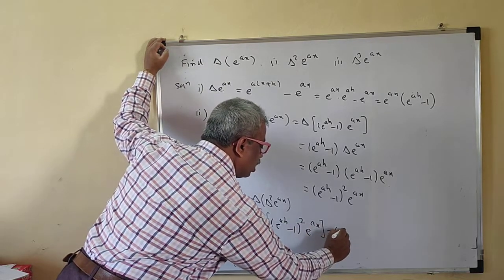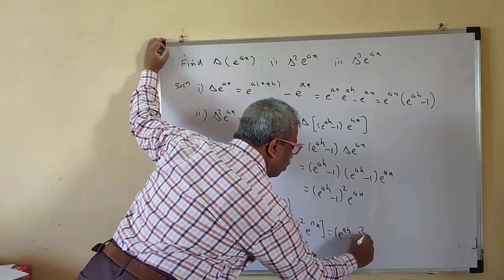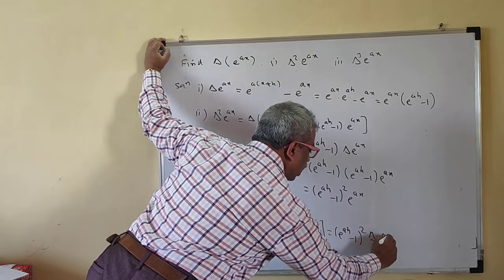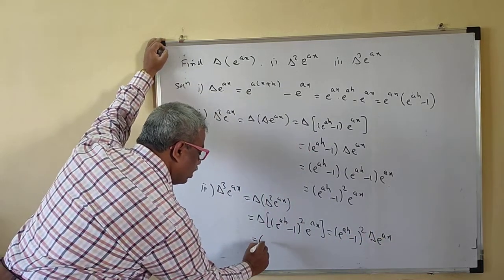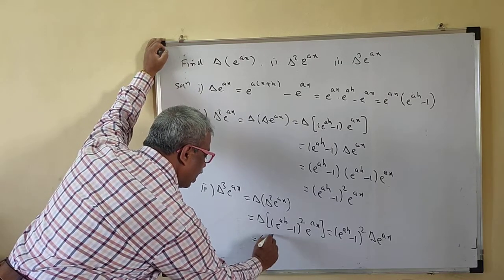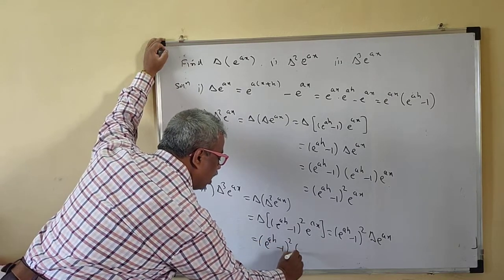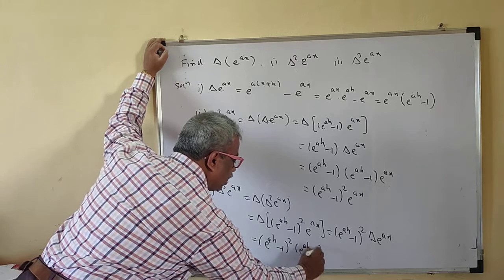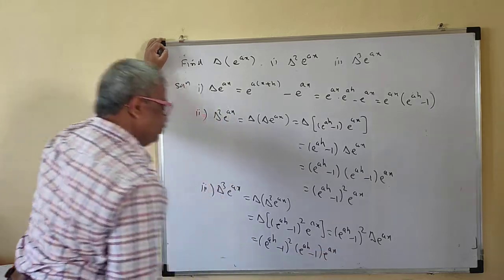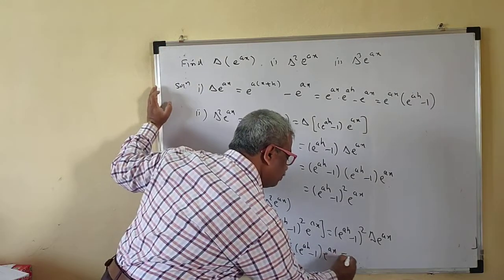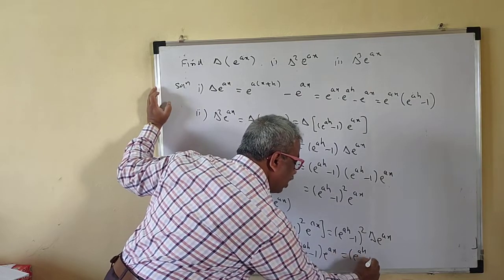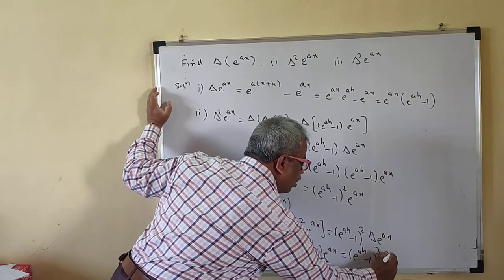So this will be e raised to ah minus 1 square, again e raised to ah minus 1, e raised to ax. So it will be e raised to ah minus 1 cube e raised to ax.